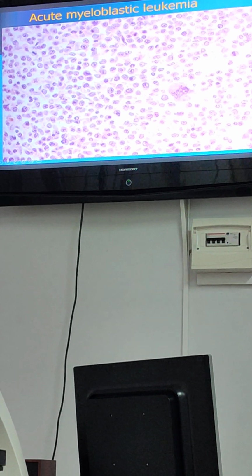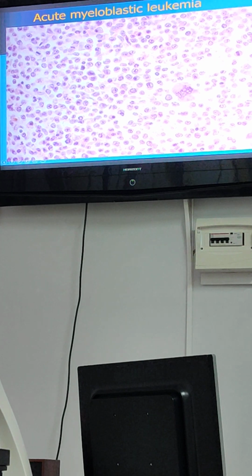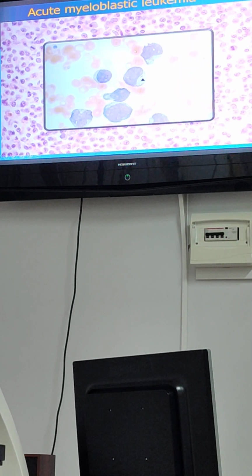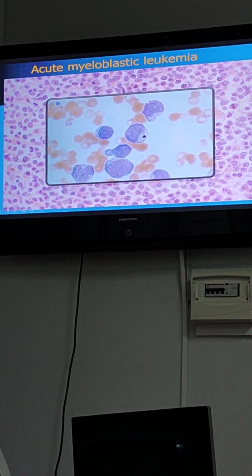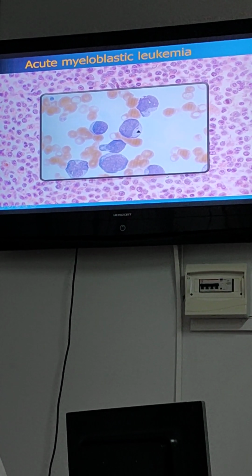Myeloblastic leukemia. Again, many atypical cells and no normal cells. The high magnification can reveal a few red blood cells present and the atypical myeloblastic cells.